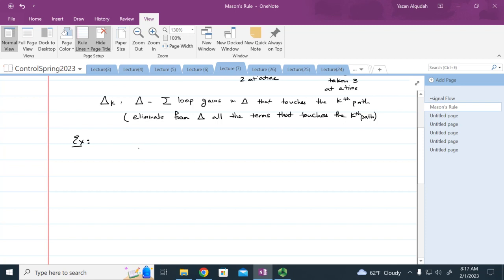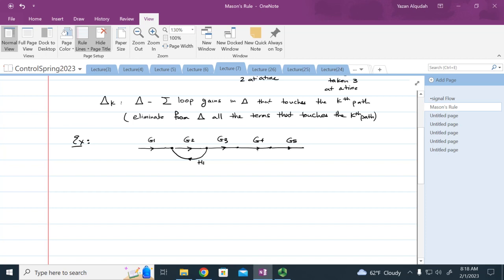So let's say we have a system that looks like this. We have G1, G2, G3, G4, and G5. With G2, we have a path back, negative H1.